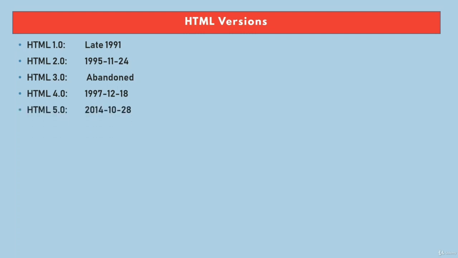And HTML5 came recently, that means in the year of 2014. HTML 5.1 came in 2016. HTML 5.2 was in December 2017. So as of now, the latest available version is HTML 5.2. But in this first part, we are going to learn only HTML4. HTML5 will be covered later in the further lessons of the course.